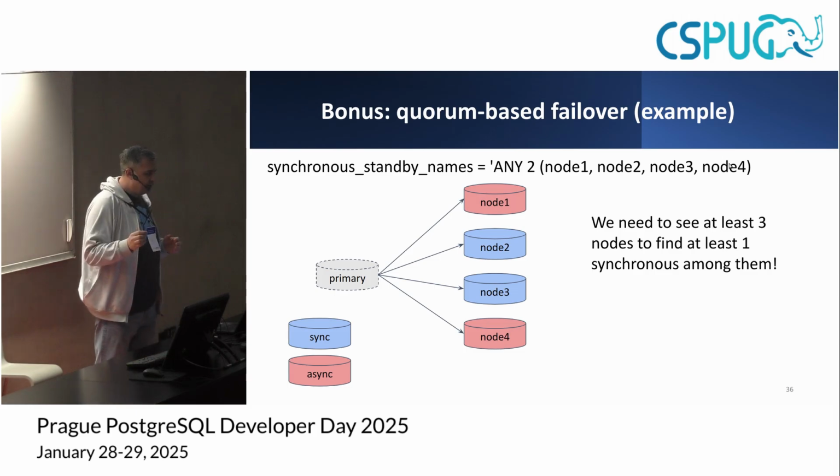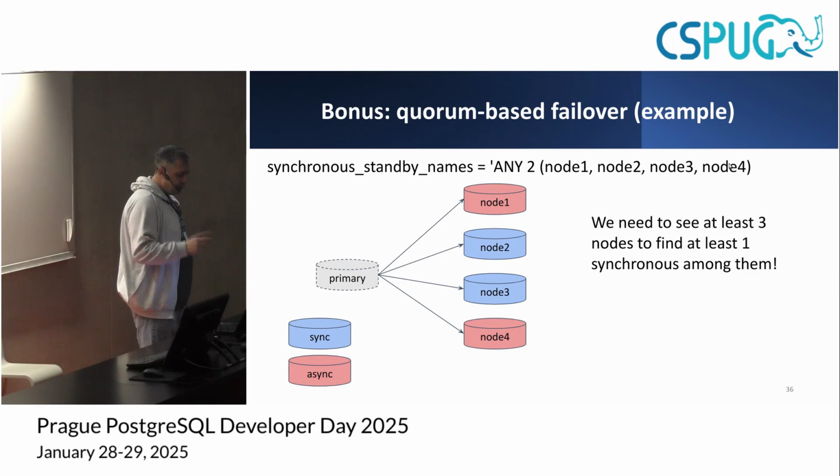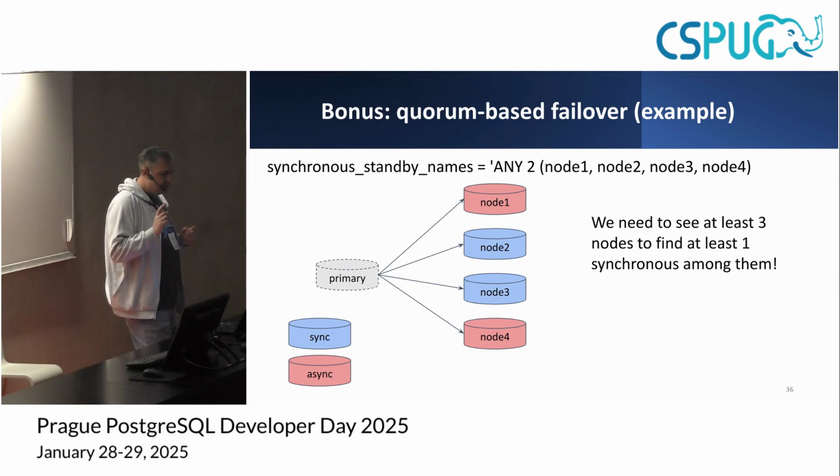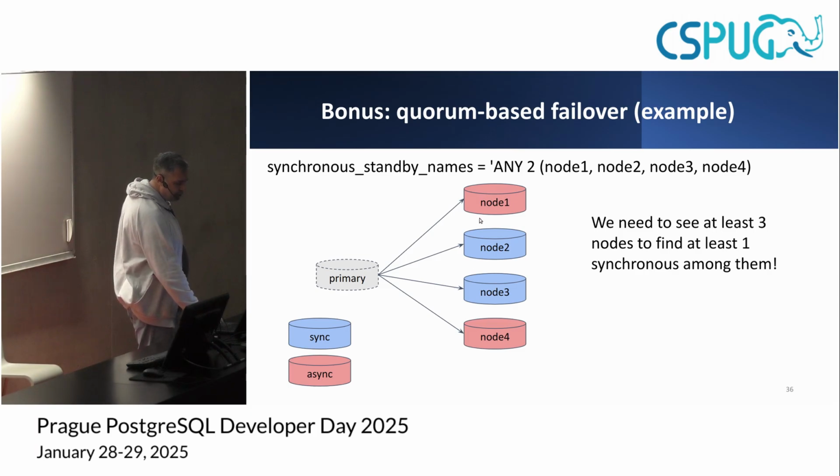Basically, to find with 100% certainty one of the nodes which was synchronous when the primary failed, we need to see at least 3 nodes. This is just pure math. If we can access fewer than 3 nodes, it could be that we will find only asynchronous ones. So you understand the idea, I hope.